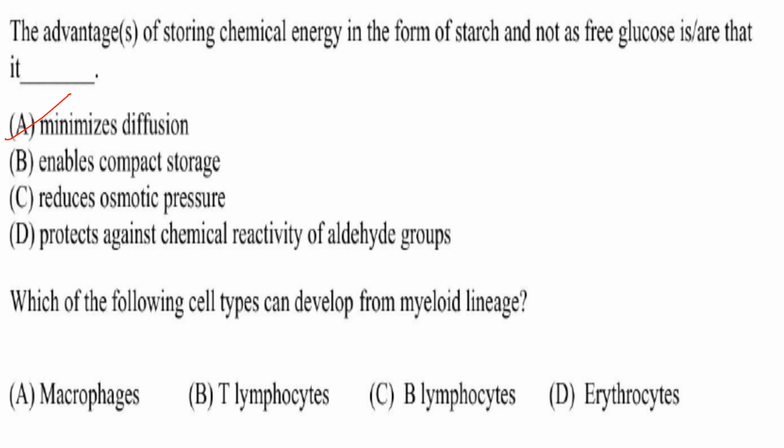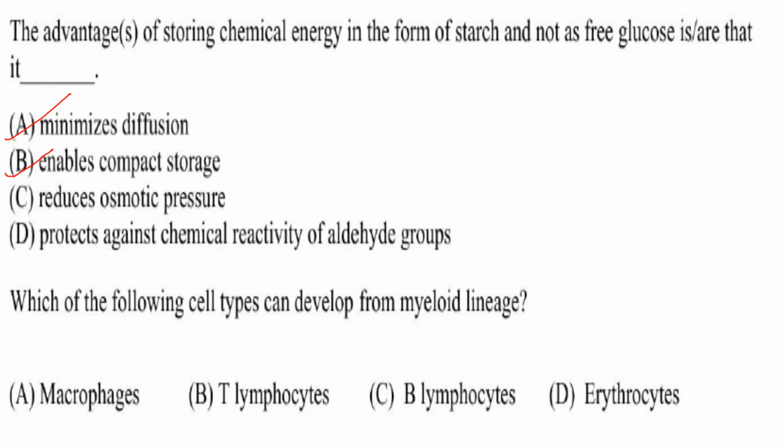Enables compact storage. Again, starch is a polysaccharide. It is bigger in size. Glucose is small, so it will occupy more space. And because of its large polysaccharide size, it has to be stored in a compact way. So enables compact storage. B is correct.